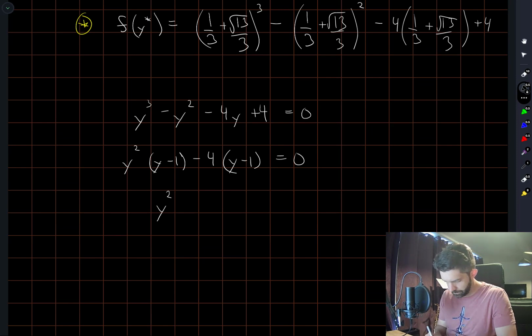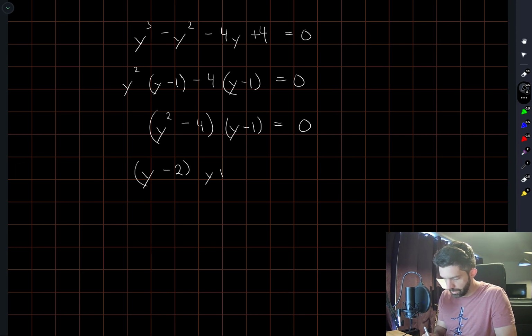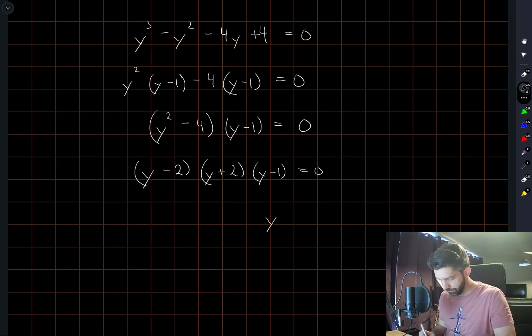Okay, so this is quite a bit easier because we can explicitly solve for all the roots for values of y here. So we have y minus 2, y plus 2, and y minus 1. So the roots of this cubic are 2, -2, and 1.